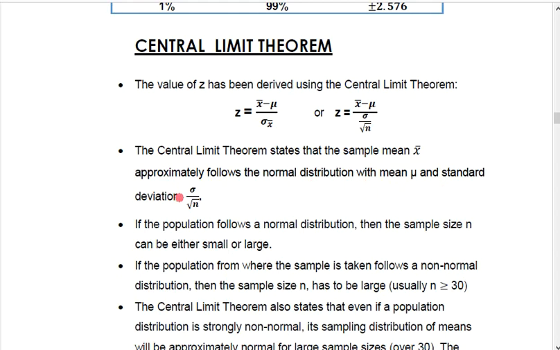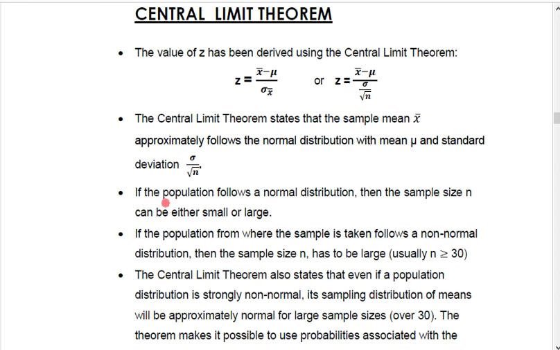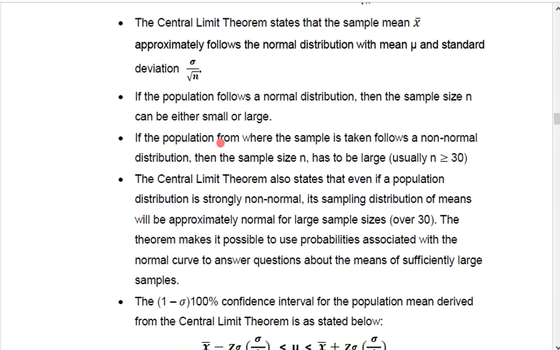and standard deviation. Okay? If the population follows a normal distribution, then the sample size can be either small or large. Okay? If the population from which the sample is taken follows a non-normal distribution, then the sample size n has to be large. Usually, n is greater than 30.